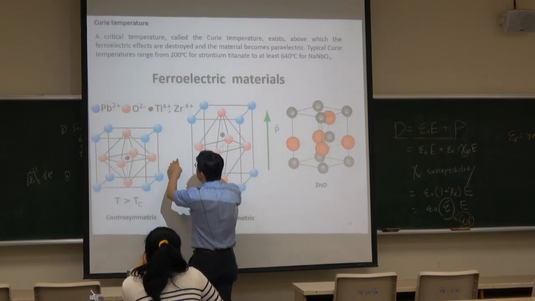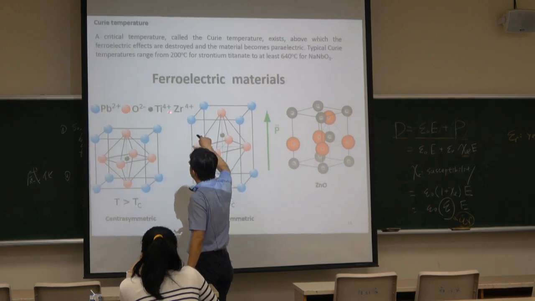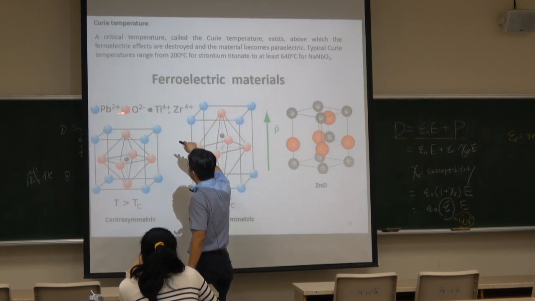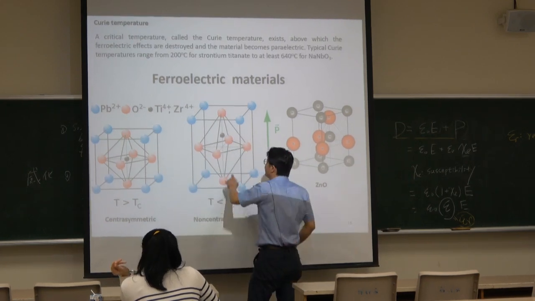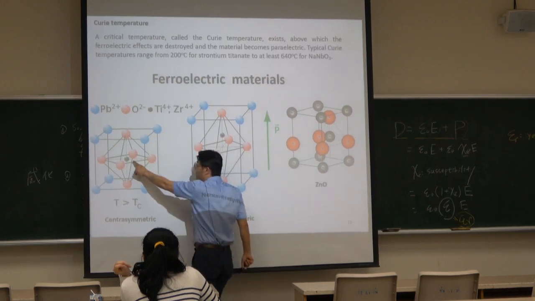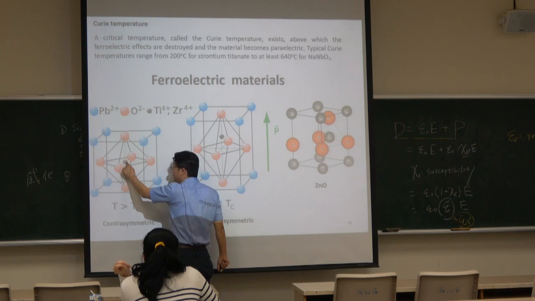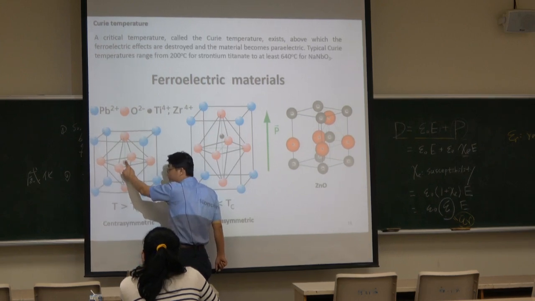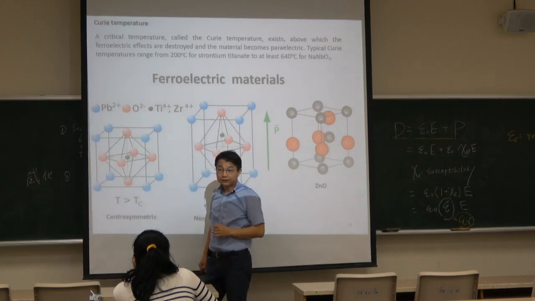Because if you look at these materials, you have the titanium, zirconium, lead, and oxygen ions, right? So the titanium and zirconium are right here. If the temperature is higher than Tc, then this titanium or zirconium will sit at the center point, so there is no polarization.